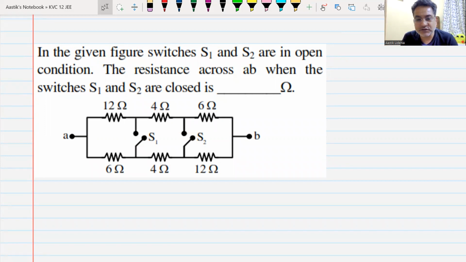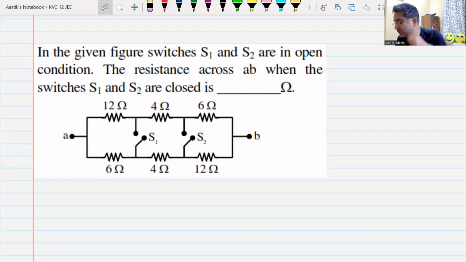In the given figure, switches S1 and S2 are in open condition. The resistance across AB when the switches S1 and S2 are closed is how much? I'll give you 2 minutes to solve this.